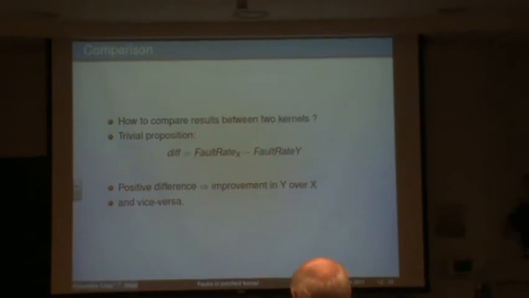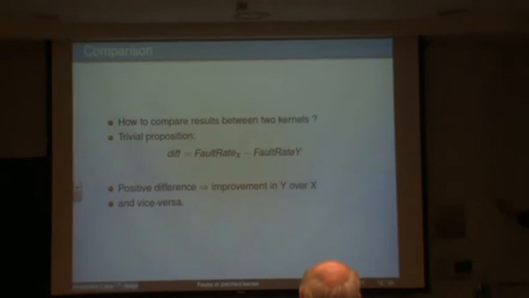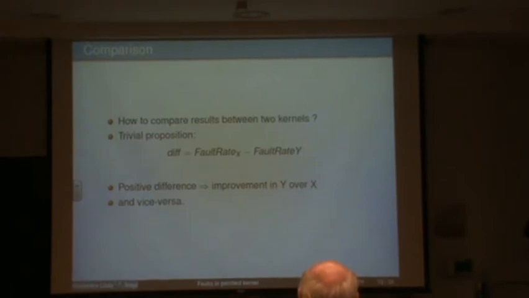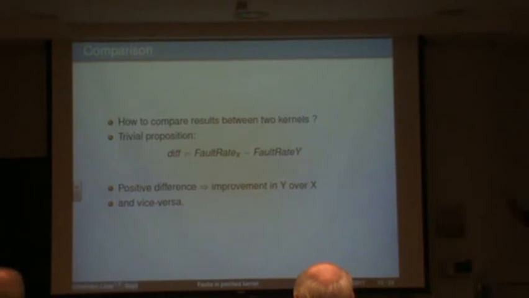And then we have the comparison point. We took a simple approach, just taking the difference between one kernel and the other. It's open to discussion, the way we measure it. It's just an idea. Maybe there is a better idea I did not think of, but this way we have an easy-to-use metric. A positive difference means that there is an improvement in kernel Y over X, and vice versa.